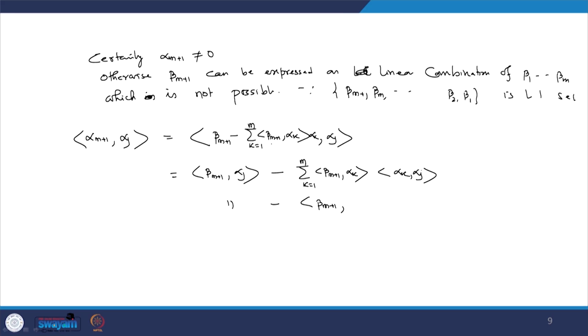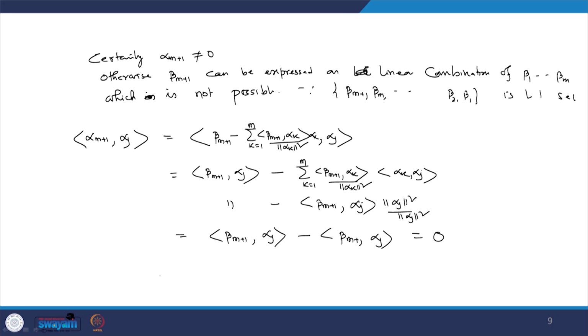So, here I have also dropped that norm of alpha k square is there, by norm of alpha k square please, and norm of alpha j square divided by norm of alpha j square. So, this will be equal to inner product of beta m plus 1 and alpha j minus inner product of beta m plus 1 and alpha j, which is equal to 0.